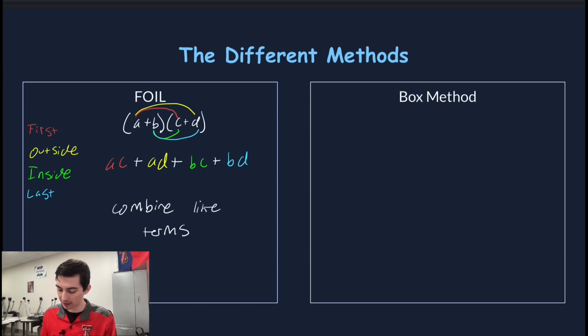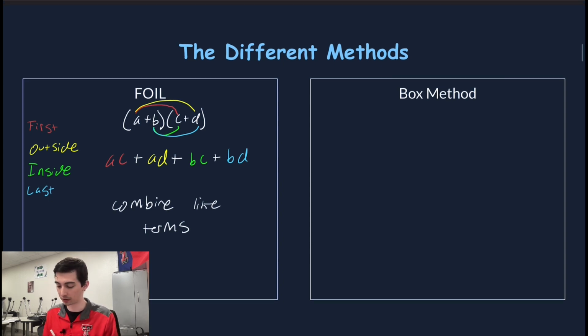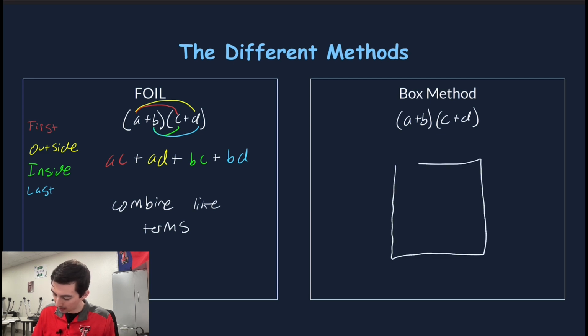Now the box method is a little more visual way to do this. We're still doing the same thing. I just think it's a little more visually pleasing. So we have a plus b times c plus d. And so what we do is we make this big box, and we're going to have a section for each of our terms.